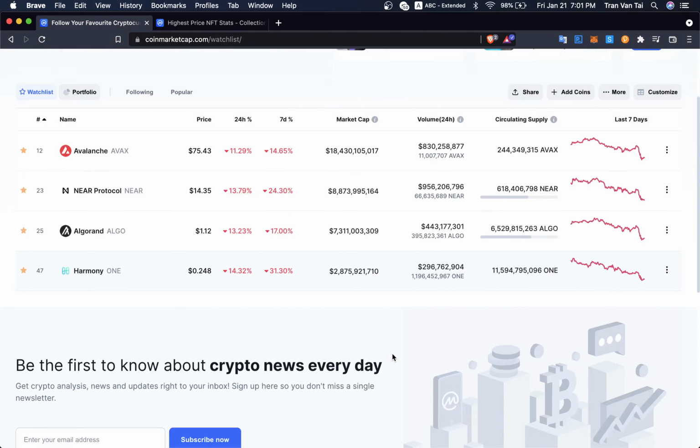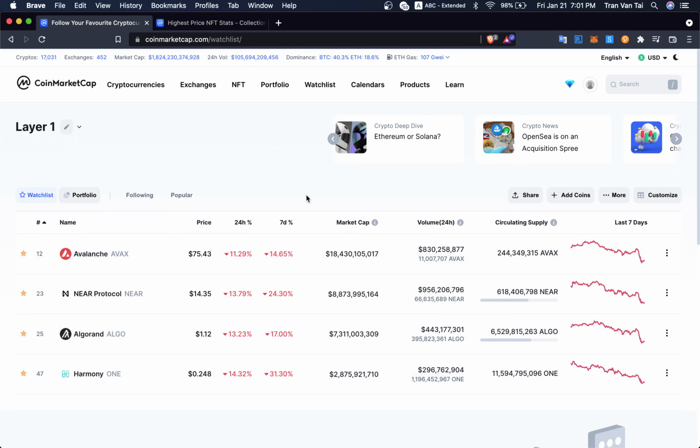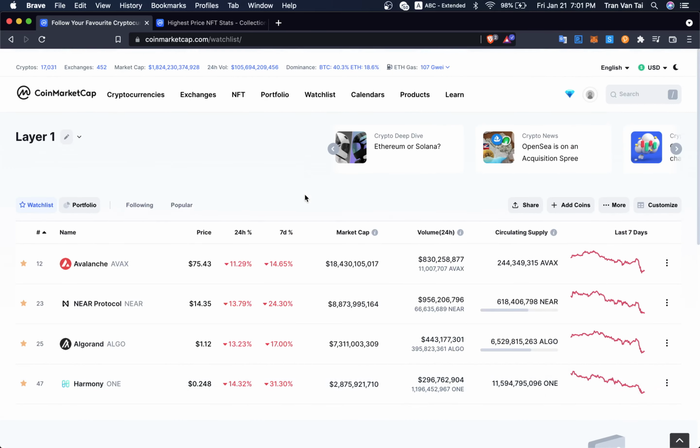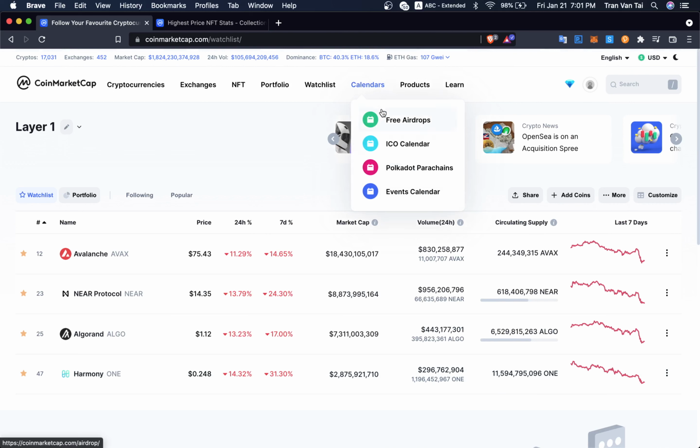Just select and it will add all tokens of layer one for you immediately.